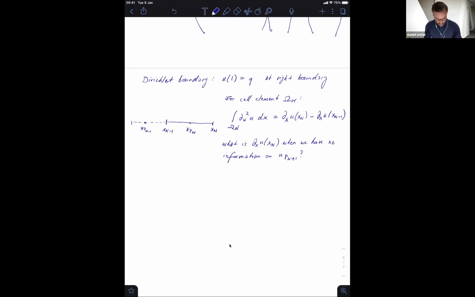So for the term here at xn minus 1, we can use again the central differencing approach to get the derivative at point xn minus 1. But now we need to have the derivative at position xn for a Dirichlet boundary condition.